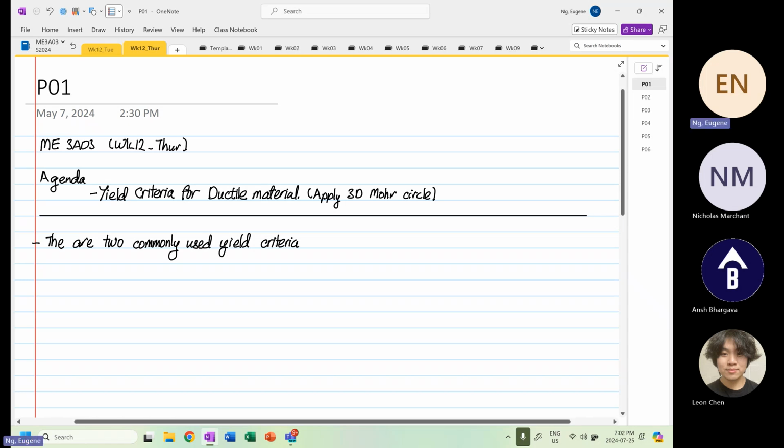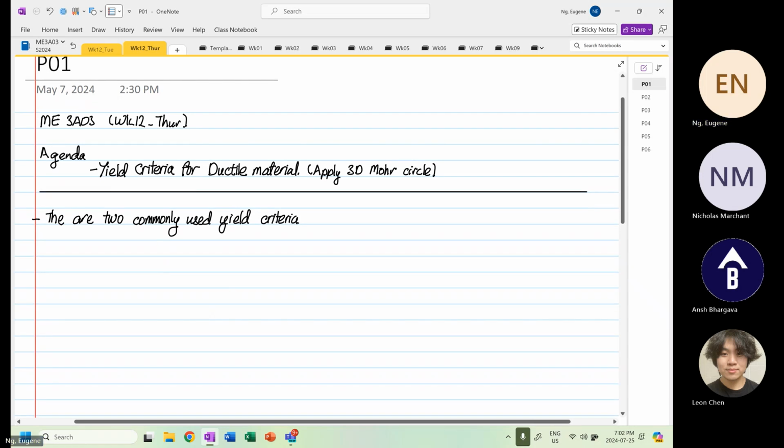And the first one is going to be the maximum shear stress criteria. That is what we're going to do today.